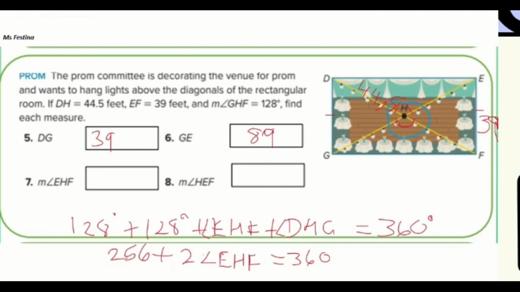And then we're going to subtract 256 from both sides. So this side will be left with just 2 times angle EHF equals 360 minus 256. When you punch those numbers in a calculator, they give you 104.